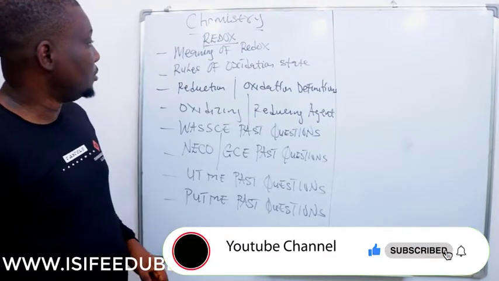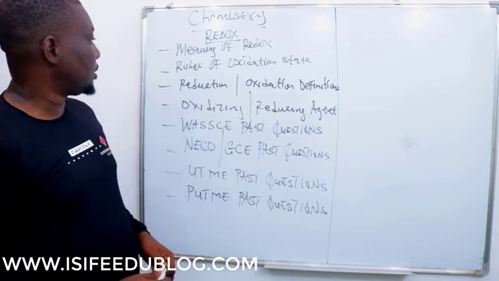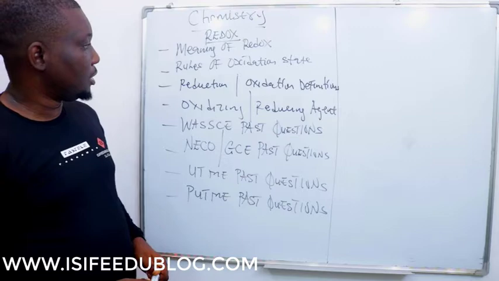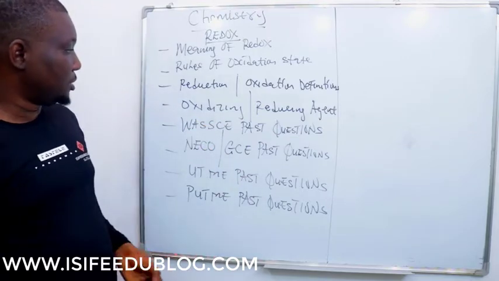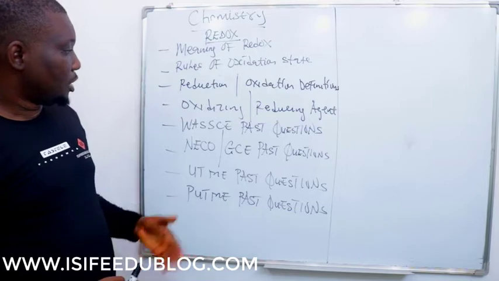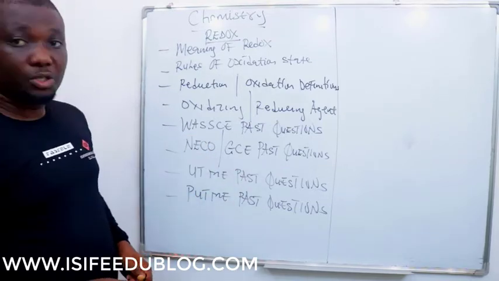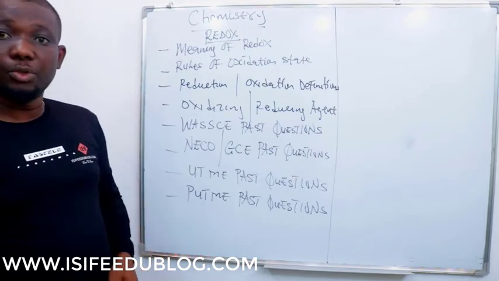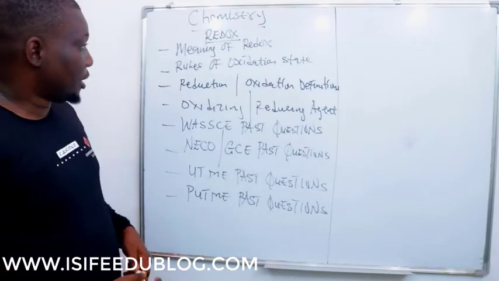Then we're going to look at the rules of oxidation states, and thereafter the definitions of reduction and oxidation. We have oxidizing and reducing agents, and then you follow the link for some work, past questions and answers, NECO, SSCE, GCE past questions, UTME, and then post UTME. Okay, we're going to take it one after the other.